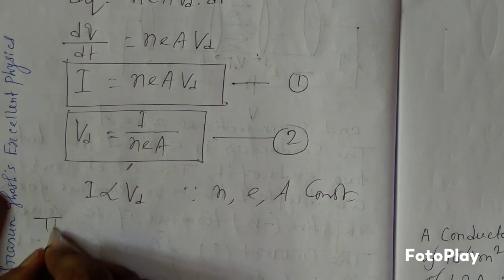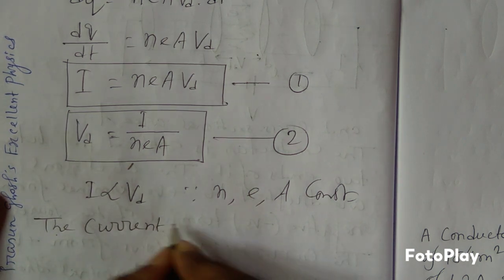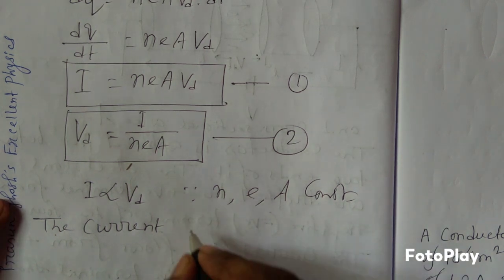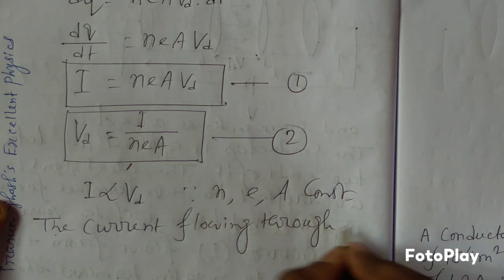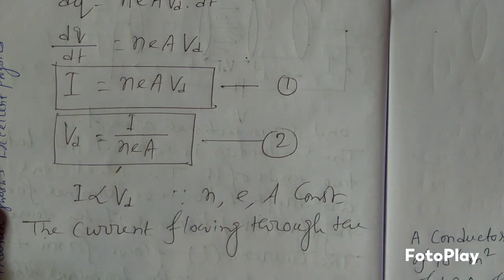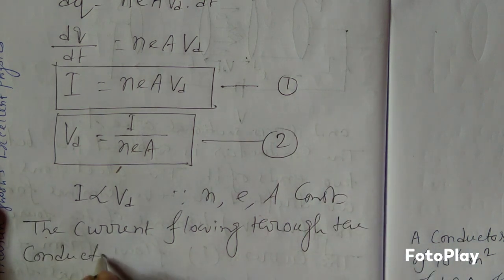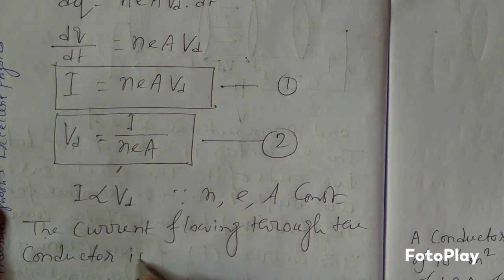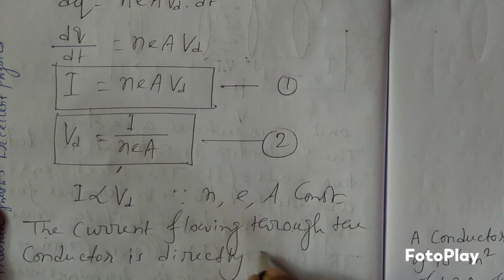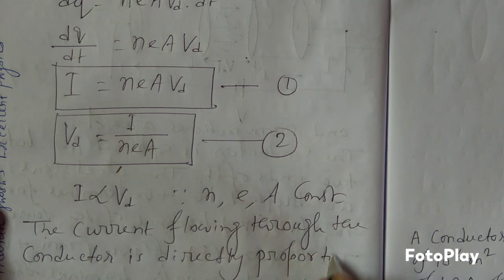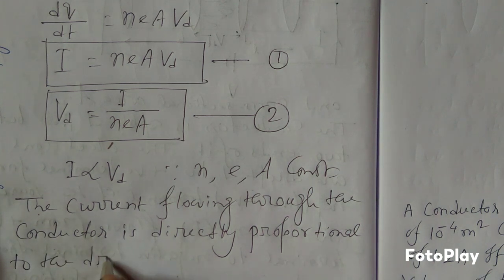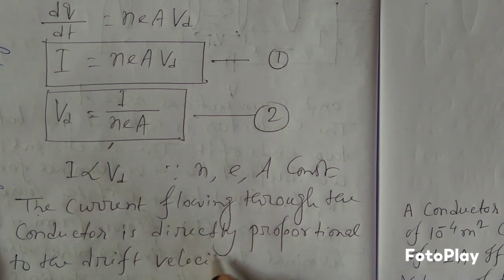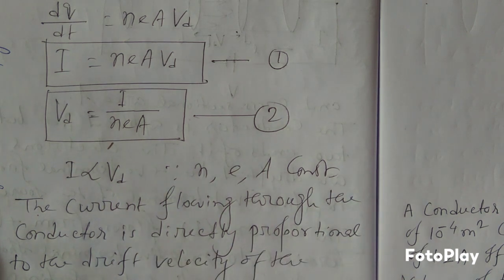So the current flowing through the conductor is directly proportional to the drift velocity of the free electrons.